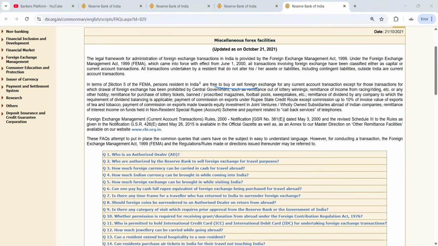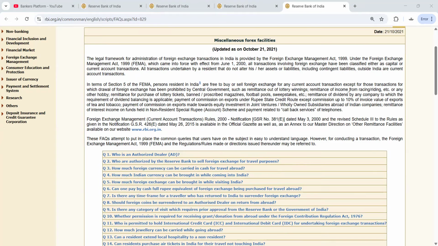Then you can say Section 5 of FEMA. As per Section 5 of FEMA, a person can freely buy or sell foreign exchange for any current account transaction, except for those that are prohibited by the government. If anything is prohibited, that transaction cannot be done.